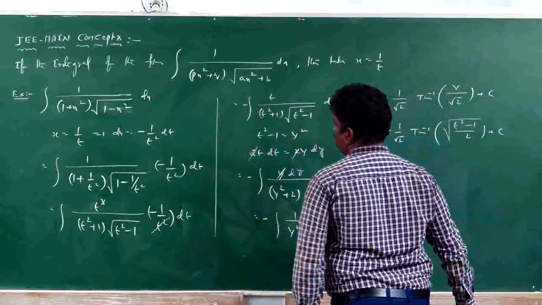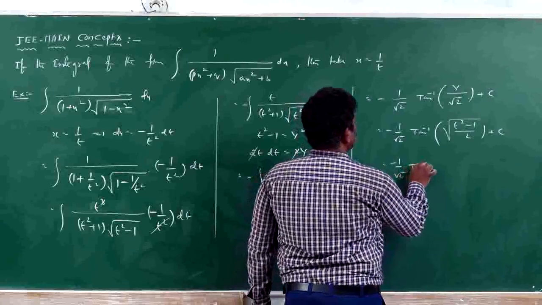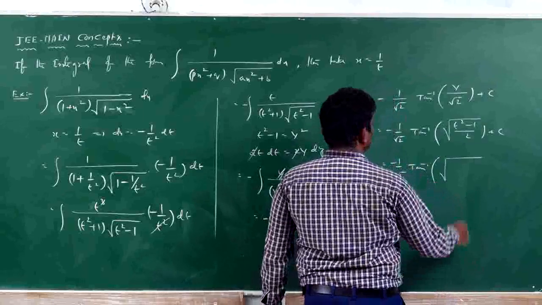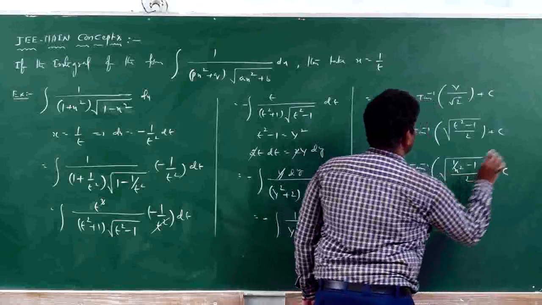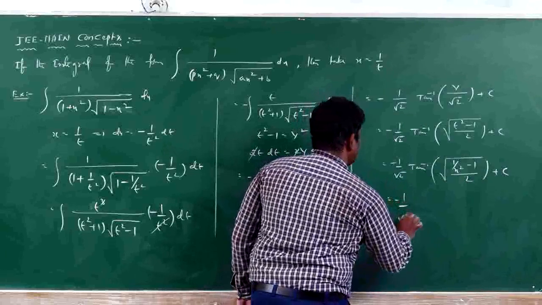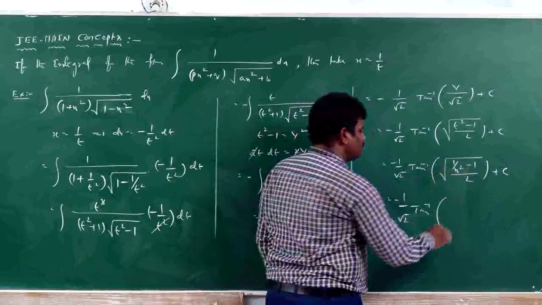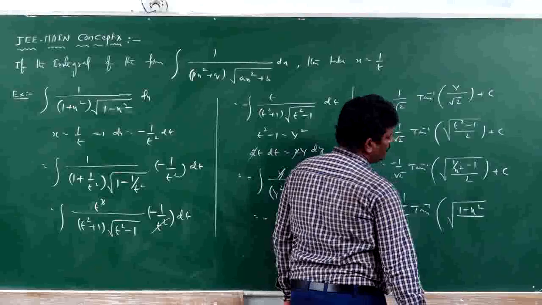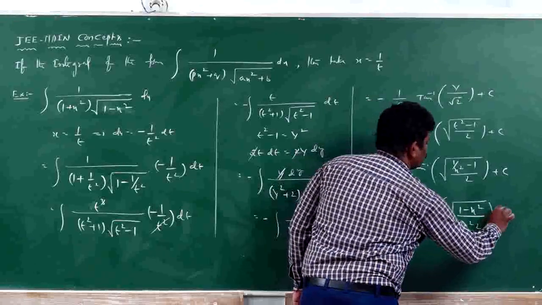t is equal to 1 by x, so minus 1 by root 2 tan inverse of root of 1 by x square minus 1, by root 2, plus c. Taking the LCM, that is finally minus 1 by root 2 tan inverse of root of 1 minus x square by x square, into root 2, plus c.